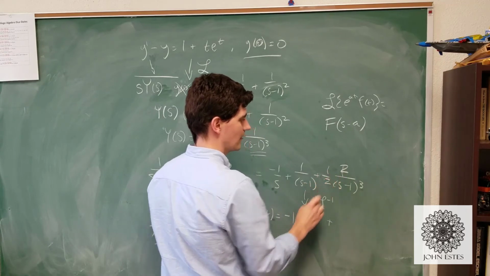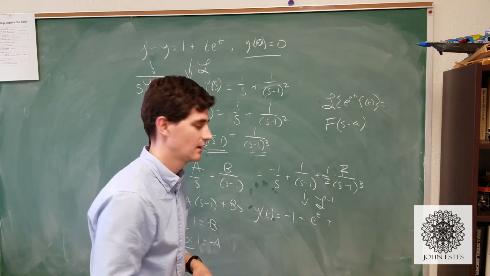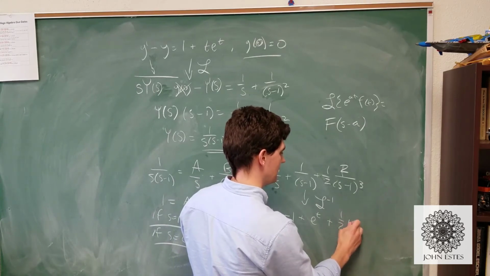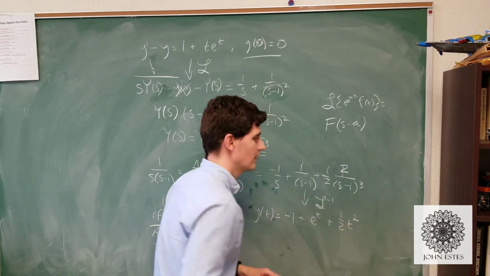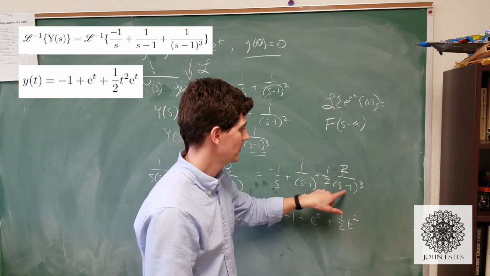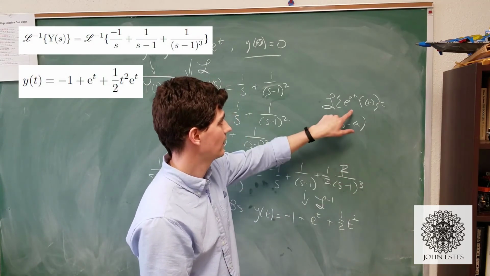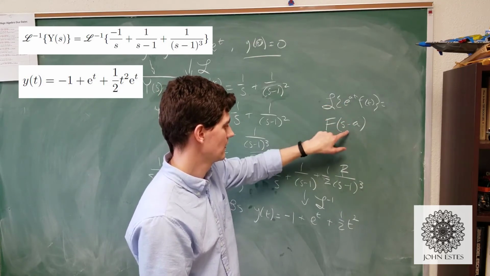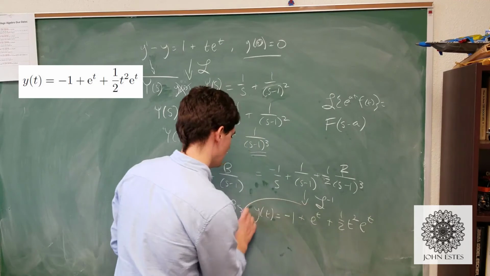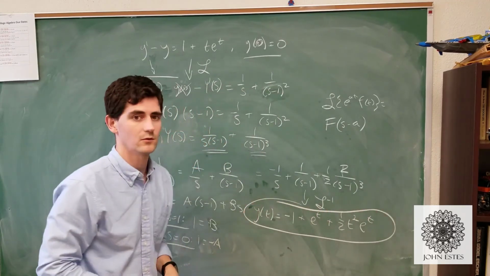And to compensate for that, I'm going to put a 1/2 out front. So here this is 1/2 t squared. All right, but I had to put a translation on that. So I'm using this theorem here. So that's going to be times e to the t. And there's the solution of my differential equation.